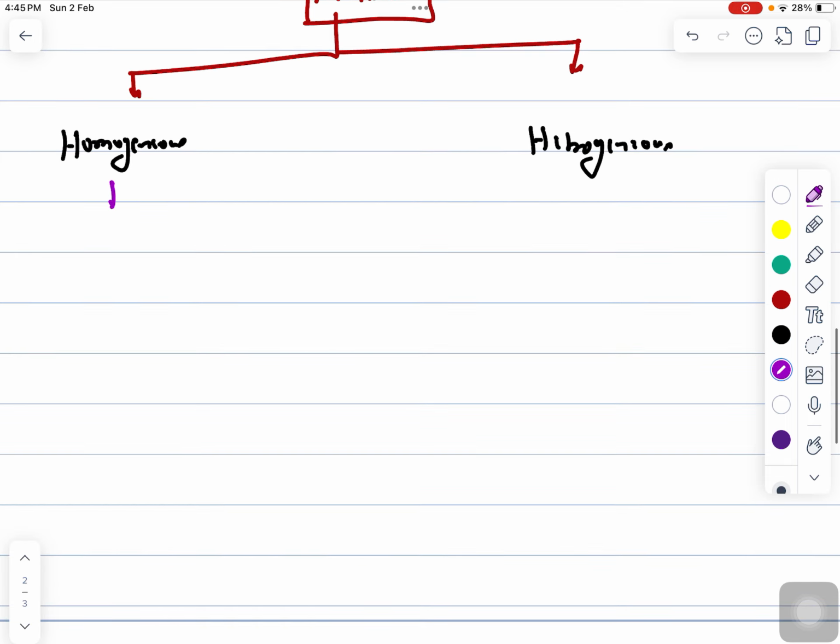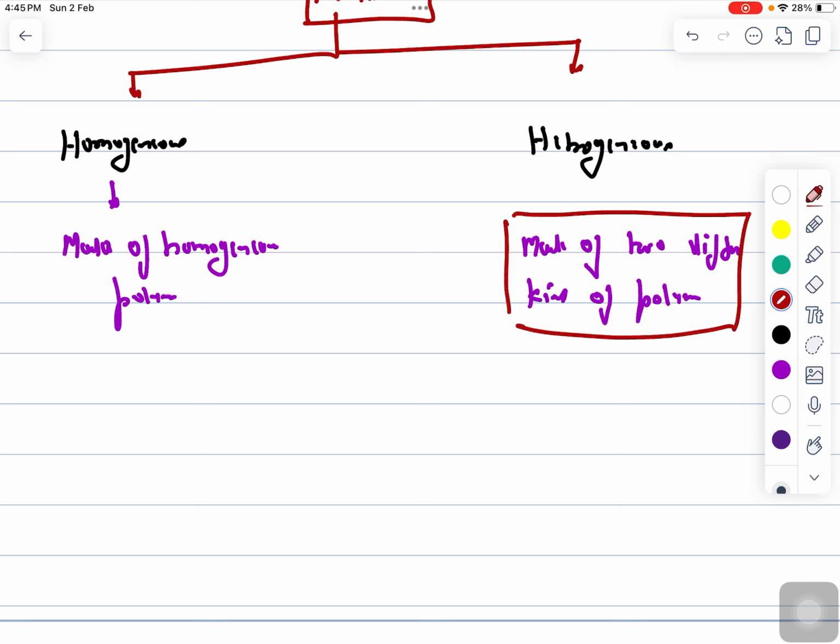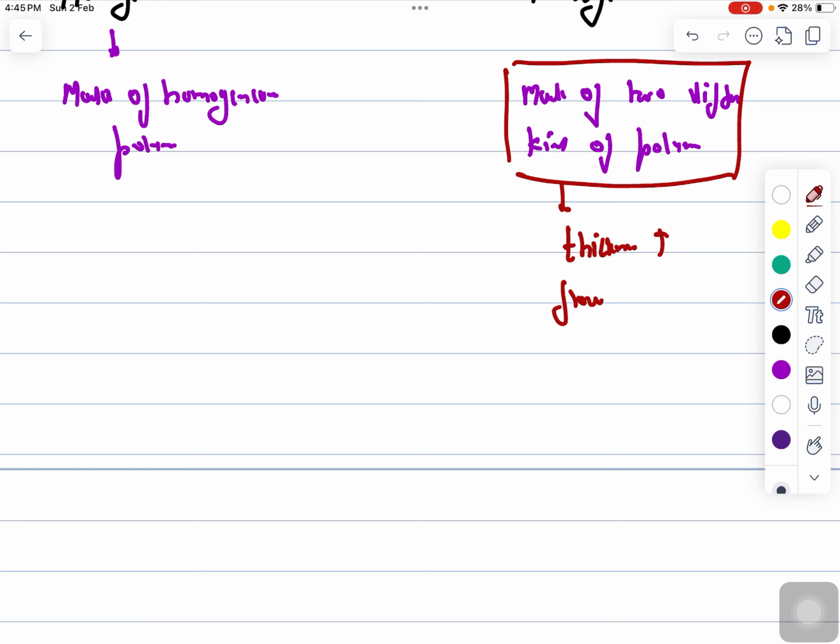The homogeneous membrane is made up of homogeneous polymer, and the heterogeneous is made up of two different kinds of polymer. So due to the heterogeneous nature of this membrane, what will happen? The thickness increases, also flow resistance increases.